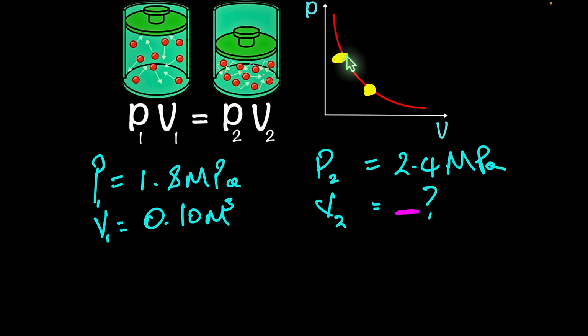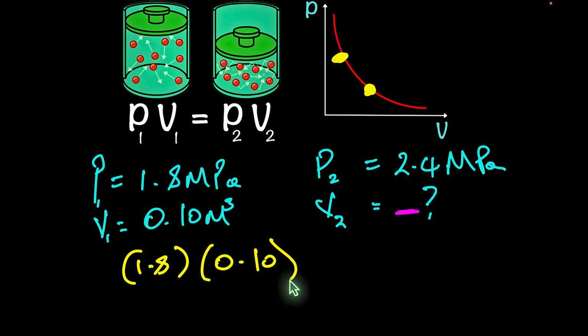So let's input our known values. So we have 1.8 megapascals for the initial pressure, multiplied by 0.1 for the initial volume. We now know our final pressure to be 2.4 megapascals, and we do not know our final volume.